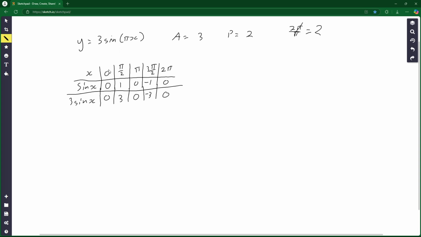So 0 divided by pi is just going to equal 0. Pi over 2 divided by pi is just going to equal 1 over 2. Pi divided by pi is just going to equal 1. 3 pi over 2 is just going to equal 3 over 2. And then 2 pi divided by pi is just going to equal 2. Now that we have that, we can go ahead and draw our graph.